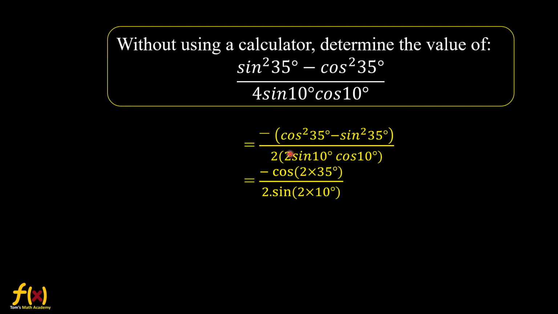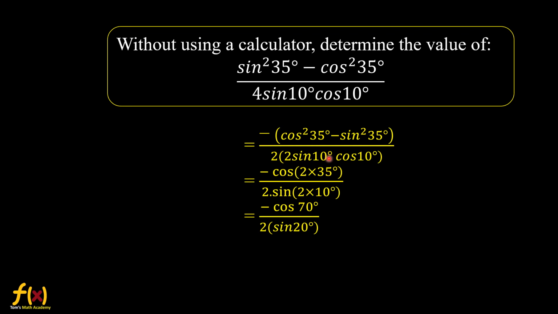And denominator 2 sin alpha cos alpha. Look at the information sheet. We get 2 sin alpha cos alpha is the same as sin 2 alpha. That is 2 times 10 is 20. Okay. Now we can simplify again. Look at the numerator.